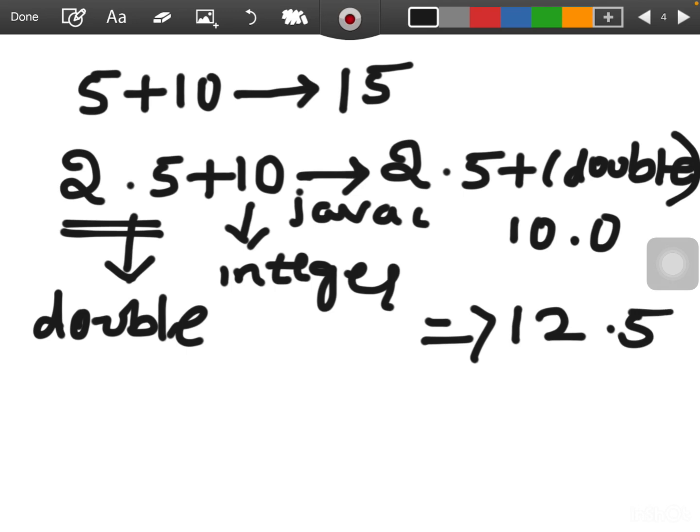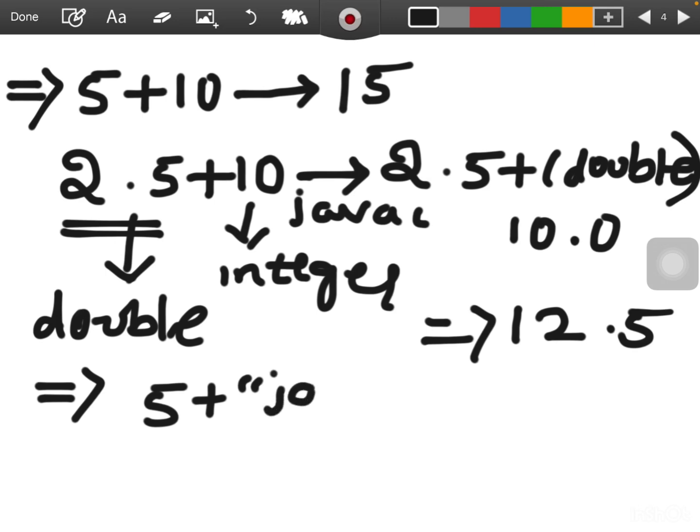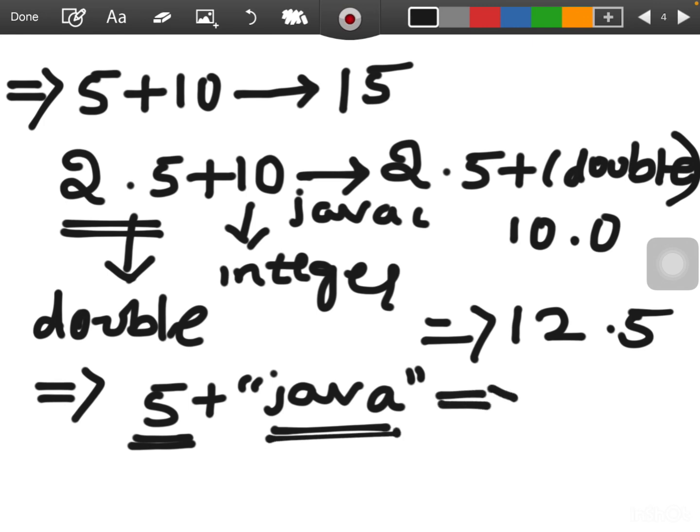Here the plus acts as addition. Then if we pass 5 plus Java, one data type is an integer and another is a string, so we will get 5Java.